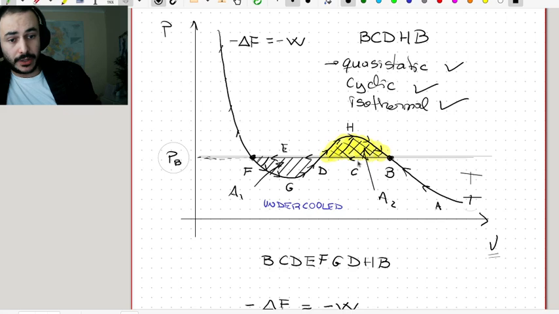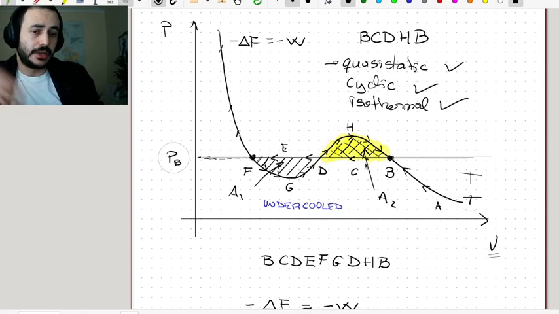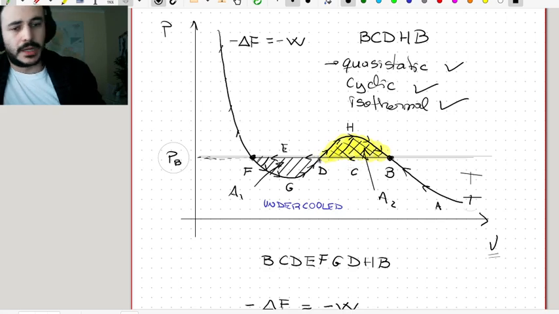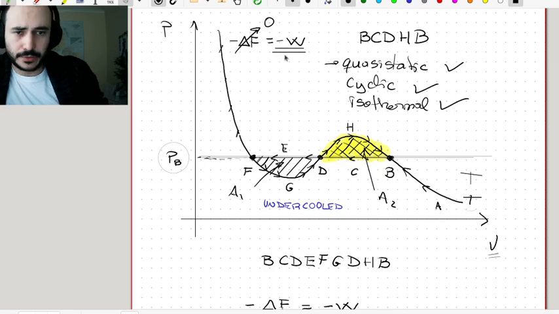And I know even I'm doing the cyclic process in the clockwise direction. So I know that I should be producing work. At the same time, I know I'm doing a cyclic process because I start and end in the same place. So the free energy difference is 0. So I won't be able to produce any work. At most, the work that I can produce is 0.